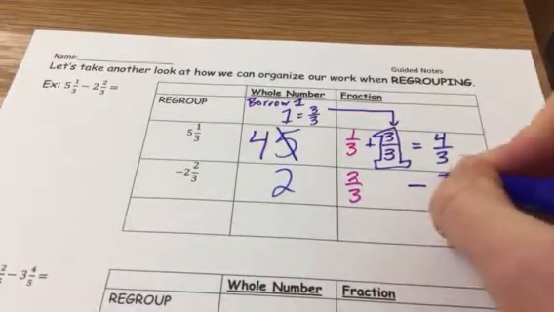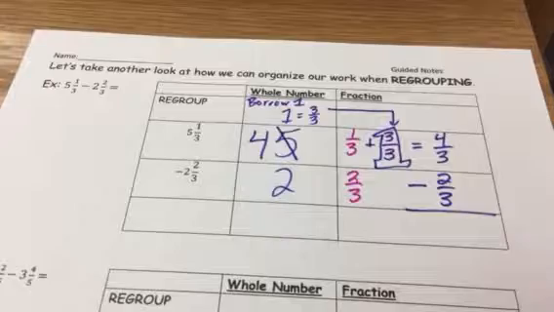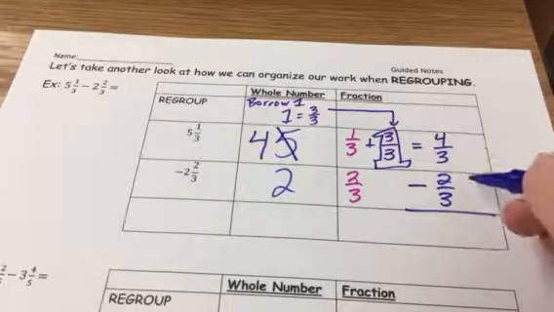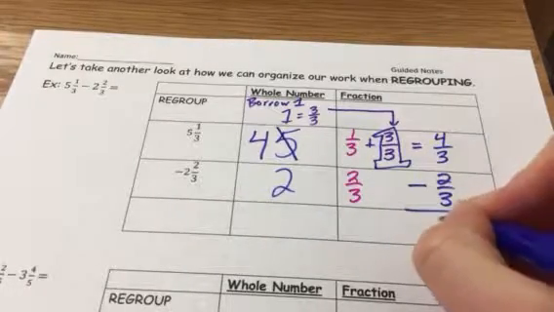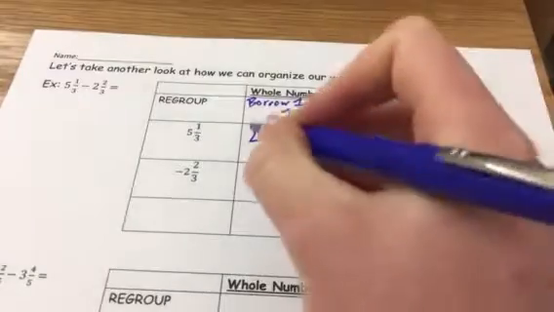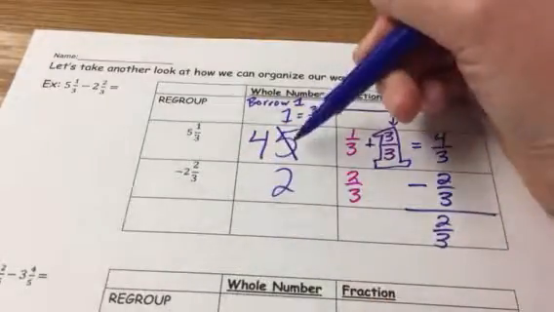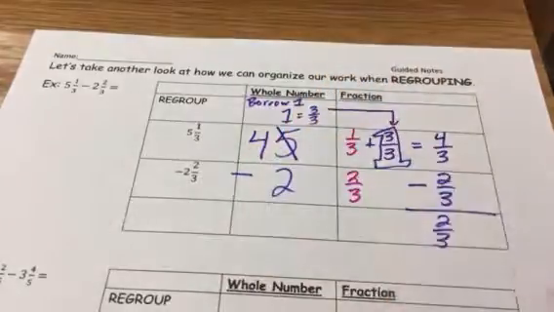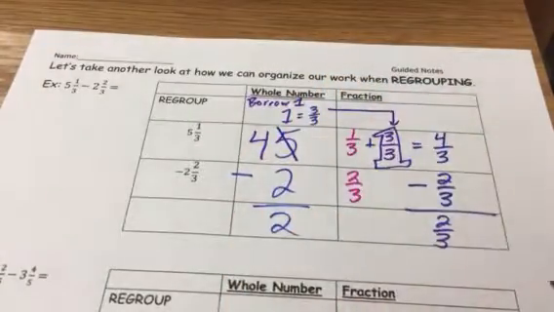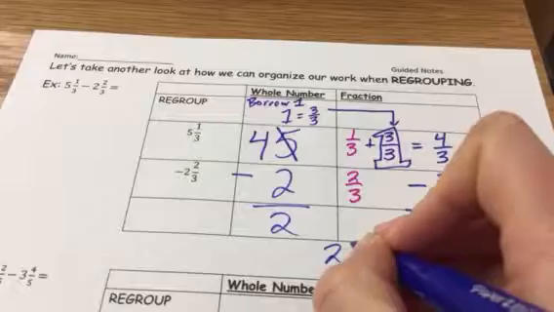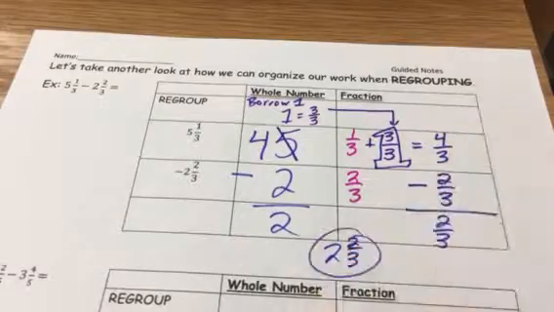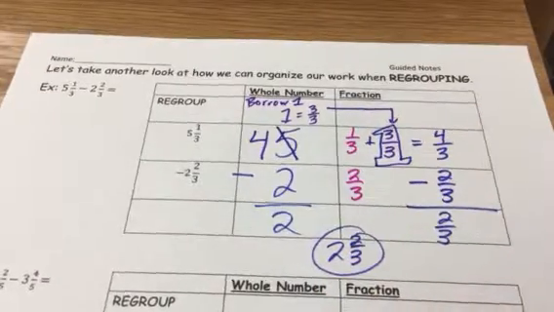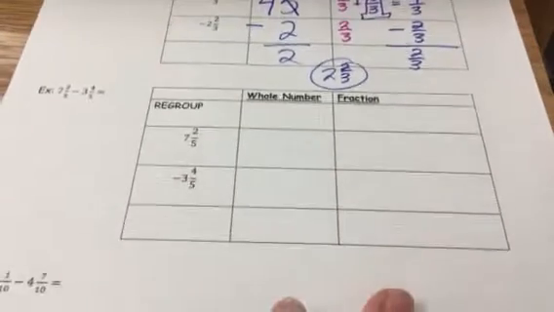And I'm subtracting 2/3 away from that, which I now can do. 4/3 minus 2/3 gives me a remainder of 2/3. Now I have 4 over here because I had borrowed one of those whole things. 4 minus 2 gives you 2. So your final answer would be 2 2/3.